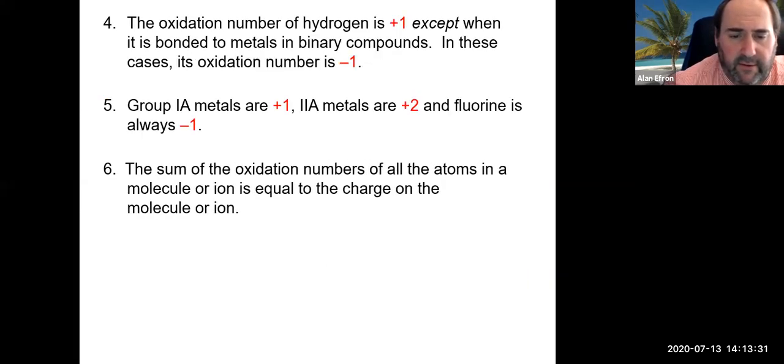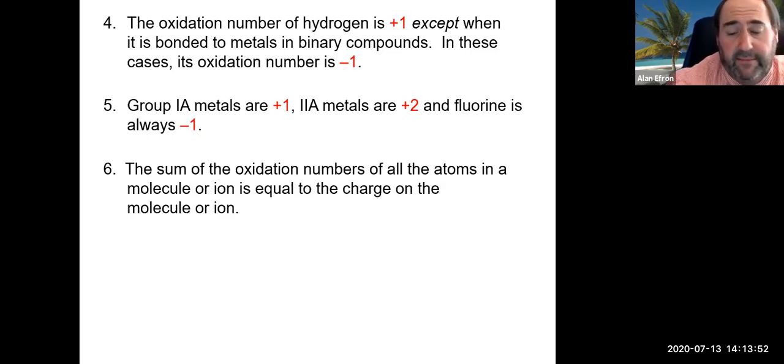Continue on with some other information here. Hydrogen is going to be +1 in pretty much most cases. It can, as you remember from nomenclature, become H-, which is hydride, and that also is the case for the oxidation number.